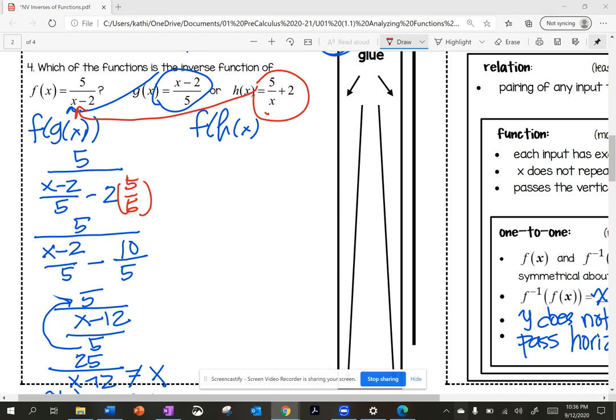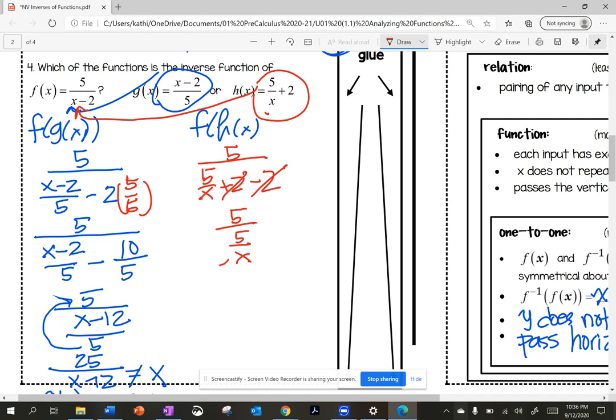So this is going to be 5 divided by 5 over x plus 2. And I have minus 2 still. So plus 2 and minus 2 total 0. So this is 5 divided by 5 over x.